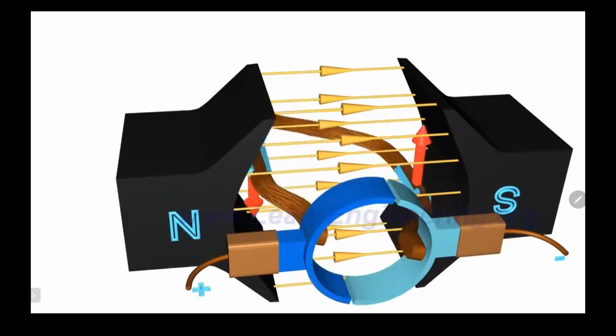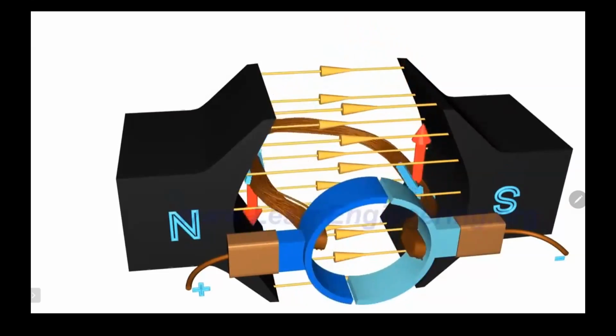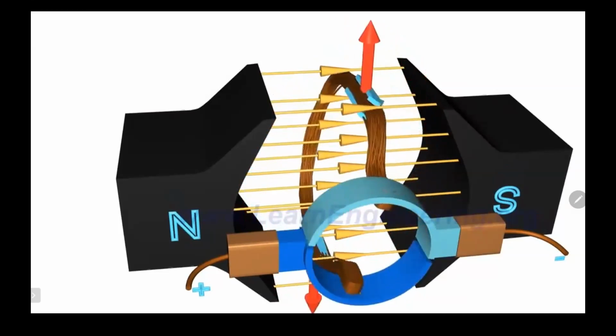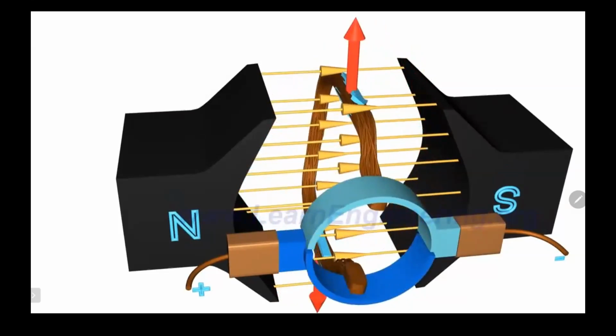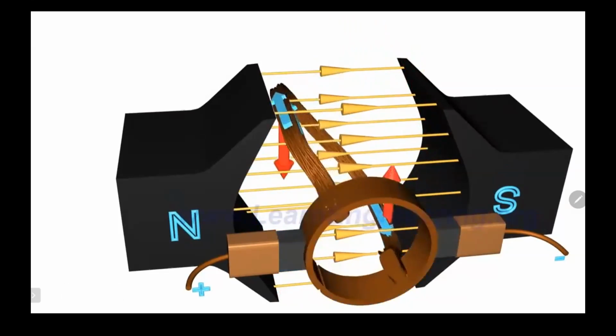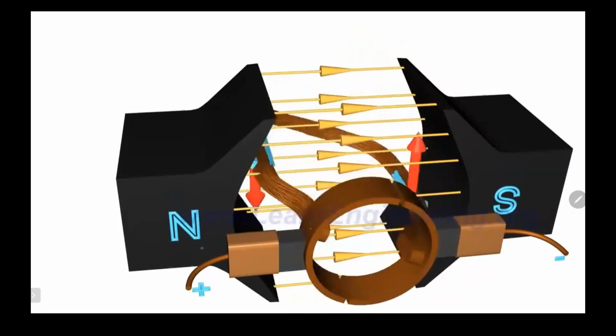So the principle is easy. We use magnetic force on the current, and the current is provided by the battery. The battery provides the current, and the current will spin the loop. Okay, so this is the principle of the motor, and we can use more loops.